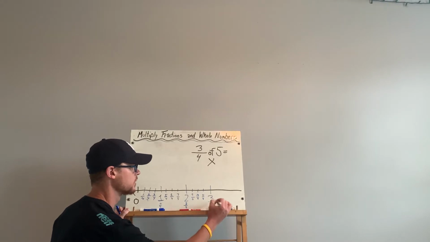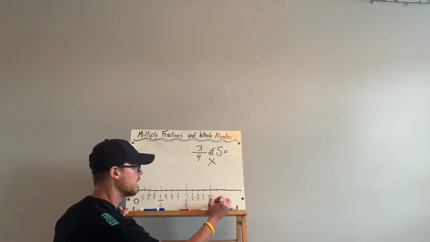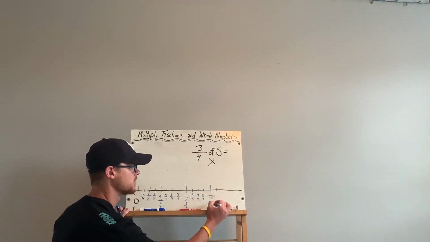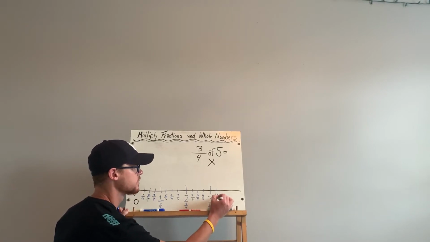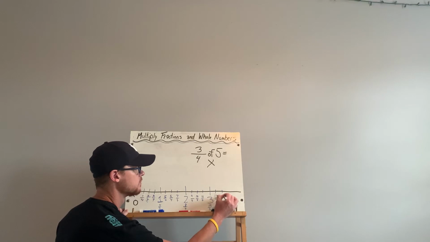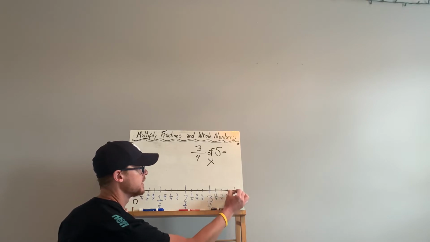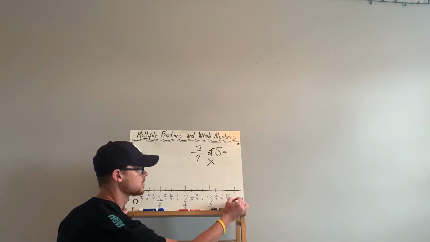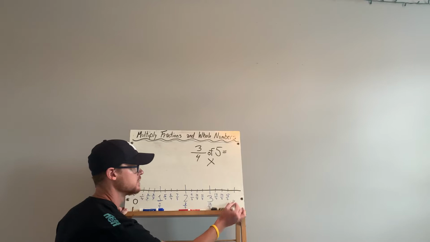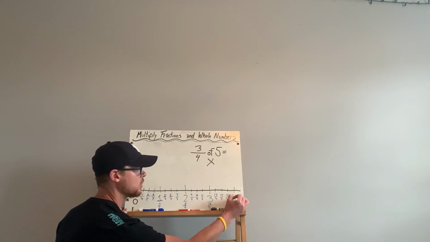You see, 12 divided by 4 is 3. After 12/4, I have 13/4, 14/4, 15/4, and then 16/4. 16 divided by 4 is the whole number 4.